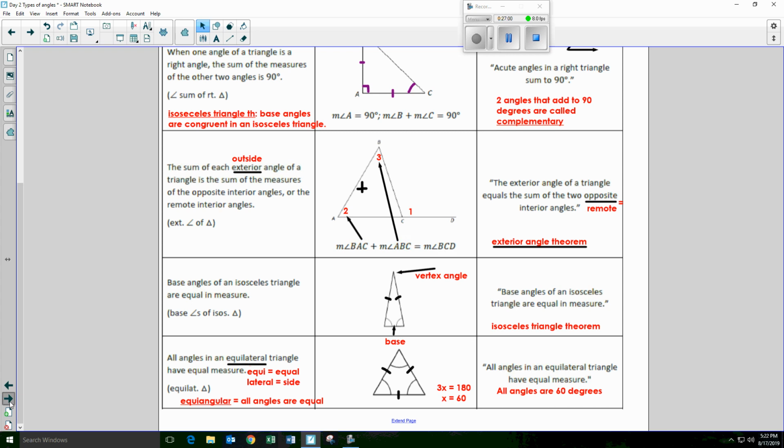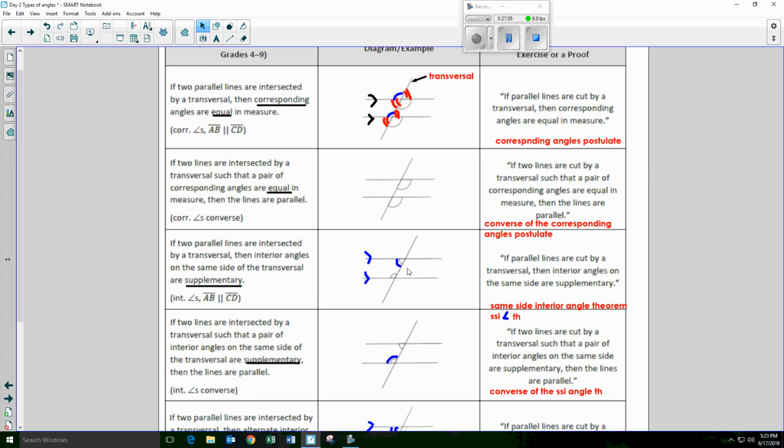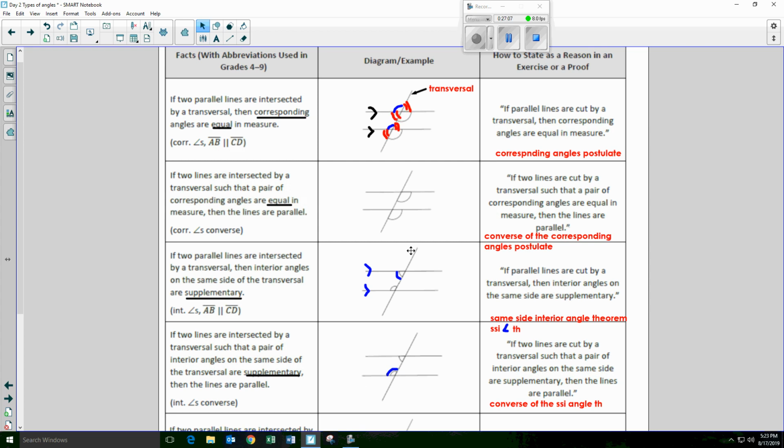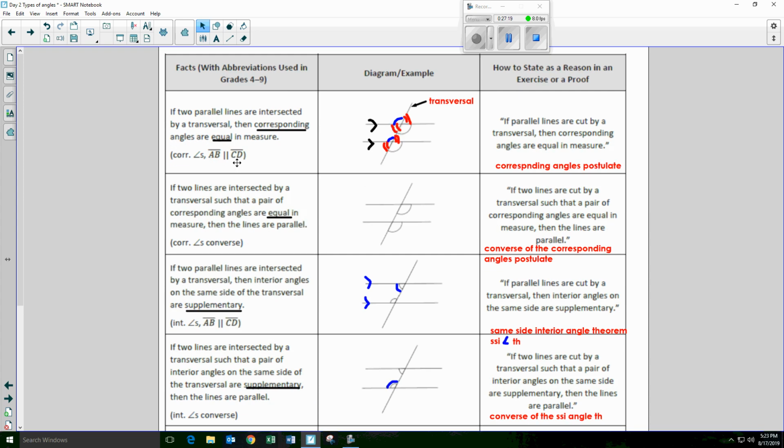Okay, and last page here. Now this is some newer stuff. Again, the quicker you learn it, the better. But this we'll get into in maybe a few days, after we learn constructions. I'm just going to show you now. Over here, it's describing what it is. I've written down the name of the theorem or the postulate over here, and then here's the definition again.